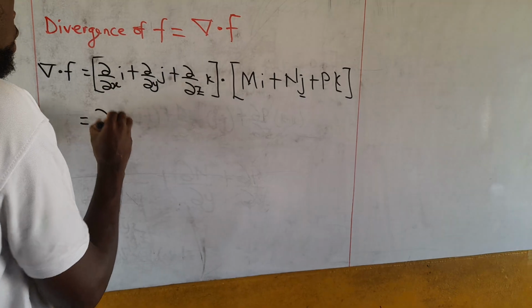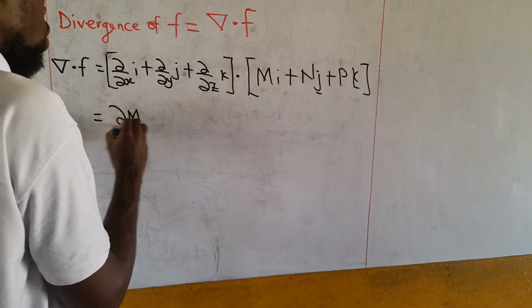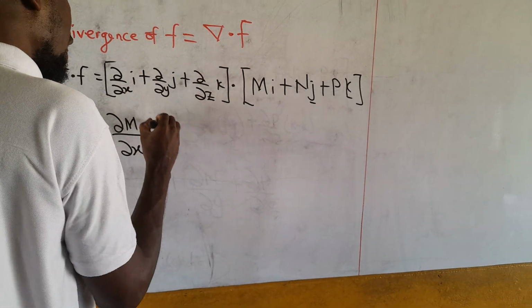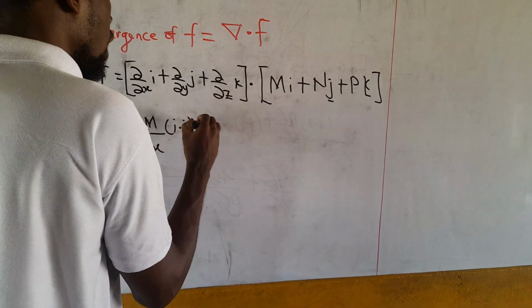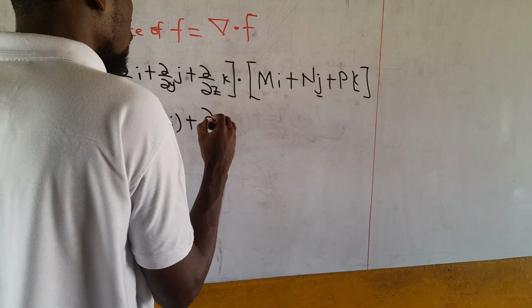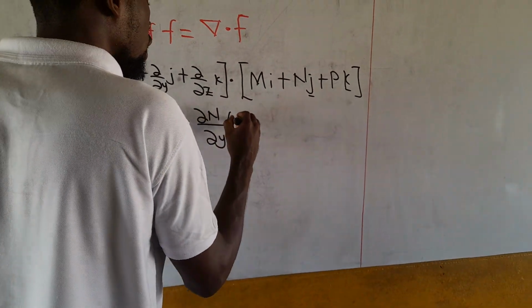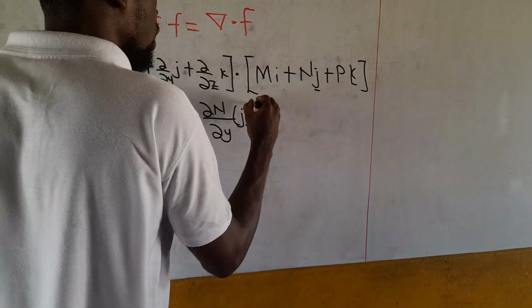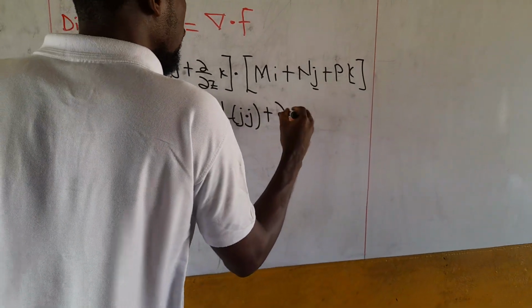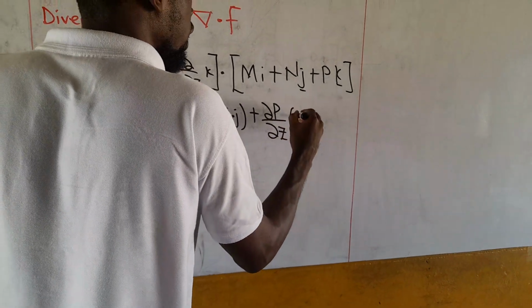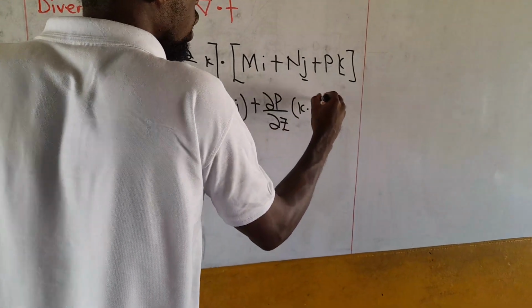So we have ∂M/∂x, that's this against that, i dot i, then plus ∂N/∂y, then j dot j, then plus ∂P/∂z, then k dot k.